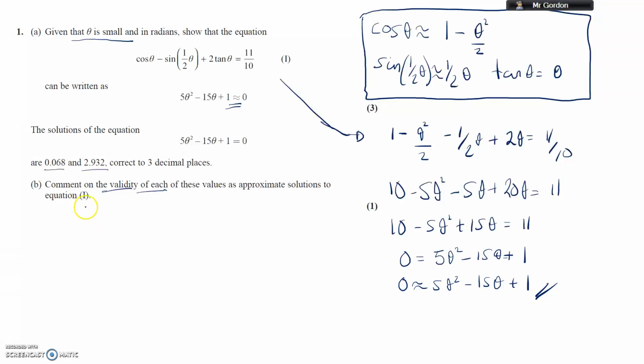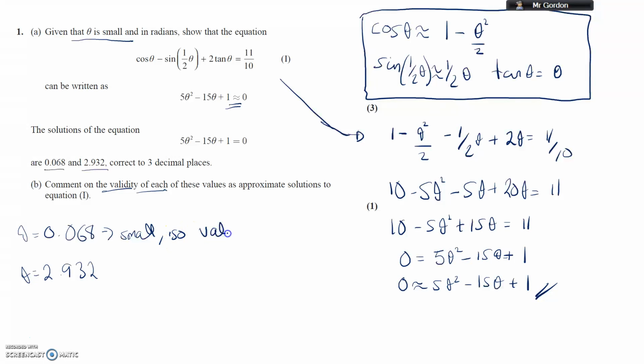Alright, so we know that the approximations that we've used are only valid when theta is small. And if theta equals these two values, then this one is small, so this will be valid.